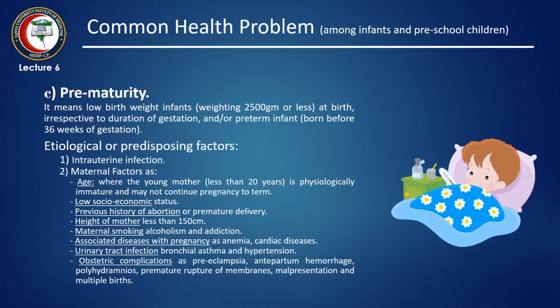Second, maternal factors, as in age, where the young mother, particularly if she is less than 20 years of age, is physiologically immature and may not continue pregnancy to term. Also, low socioeconomic standards, as it was found that those with low socioeconomic standards suffer greatly from prematurity.